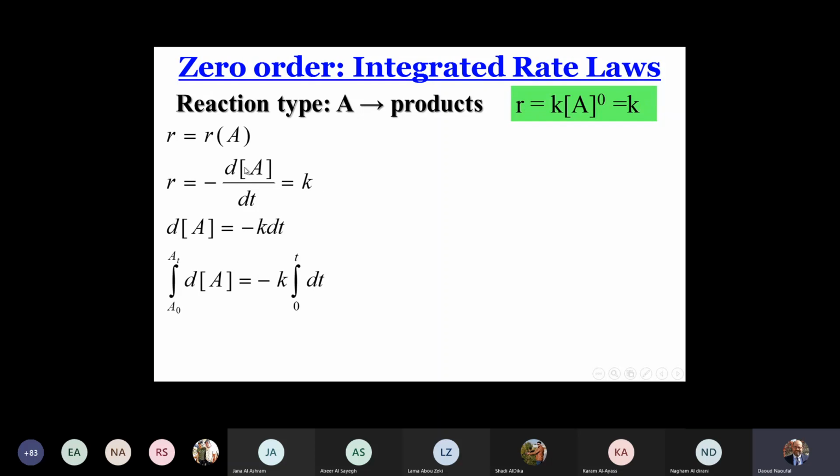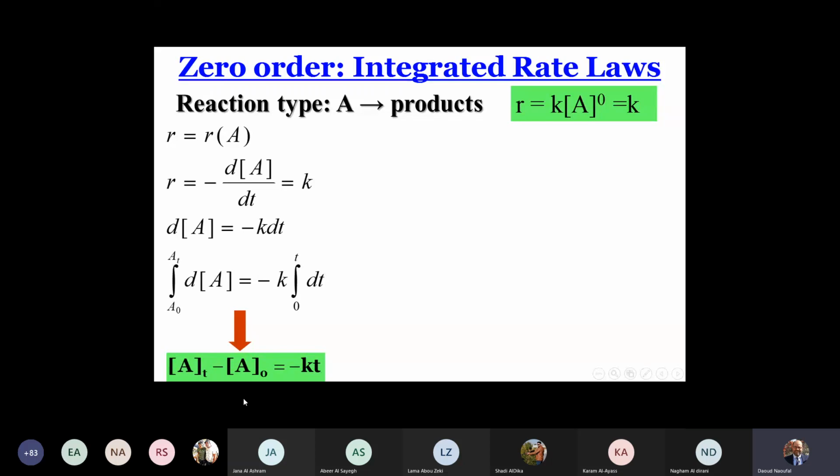So minus d[A] equals minus k dt. Integral of d[A] from the initial concentration A0 to At equals minus k integral of dt from the initial time 0 to the time t. So At minus A0 equals minus kt.